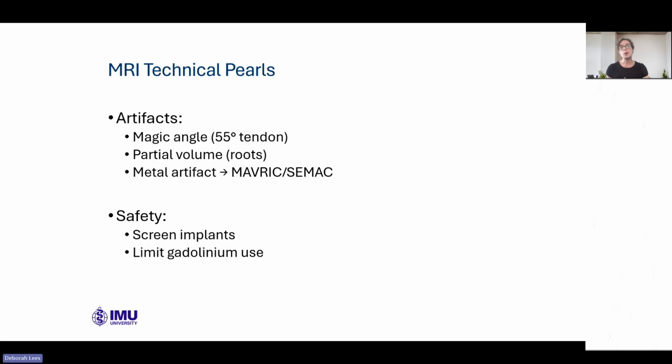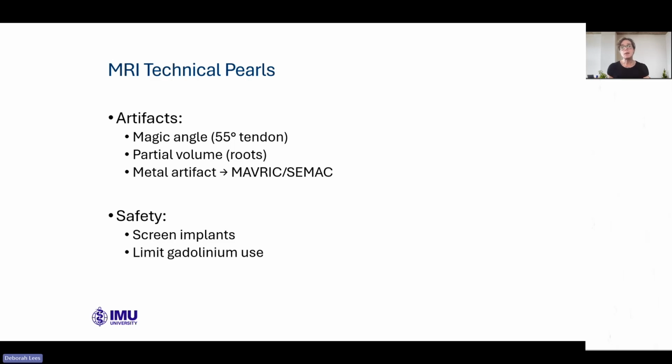And then again, if the person's had any surgery, they've got any metal artifacts in there, particularly if they've had reconstruction, so reconstruction of the ACL or the PCL. We now use MRI-friendly screws and anchors, but sometimes it does cast a shadow if we're not using the specific metal artifact sequences.